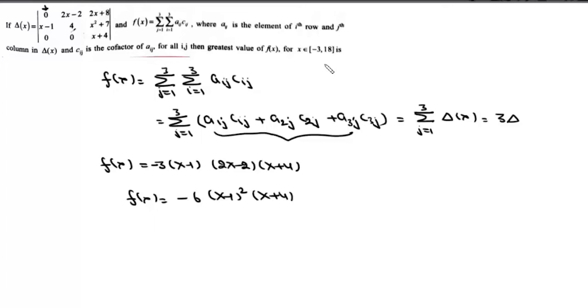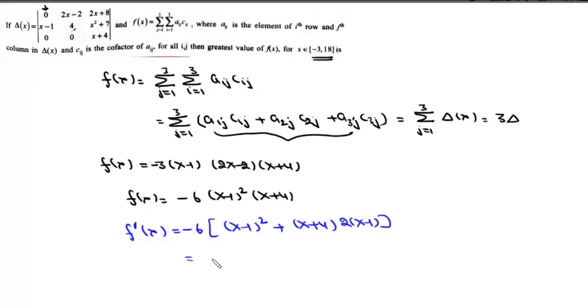Now we need to find greatest value of f(x) in this interval from minus 3 to 18. Now if we find f dash x, it will be minus 6 and this is (x minus 1) square and then plus (x plus 4) into 2(x minus 1).